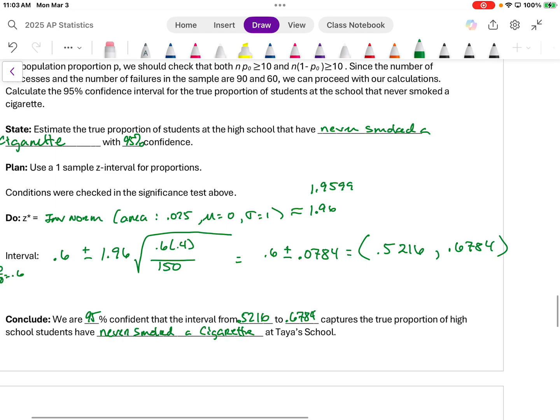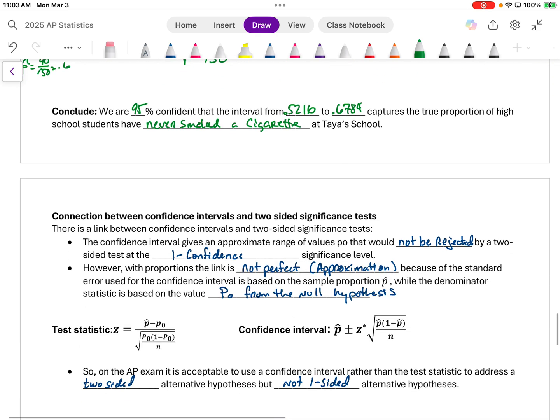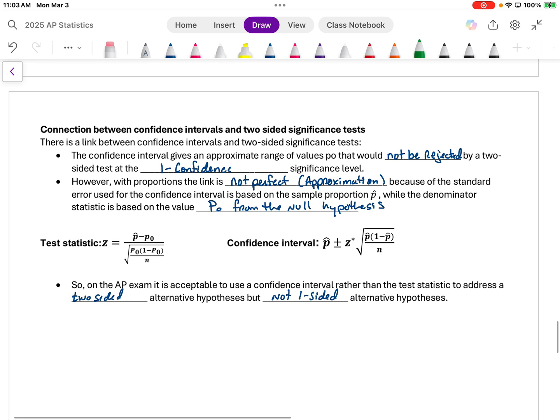Now, as we get ready to wrap up, here are some connections between confidence intervals and two-sided tests. There is a link between confidence intervals and two-sided significance tests. The confidence interval gives an approximate range of values for P naught that would not be rejected by a two-sided test at the 1 minus confidence significance level.